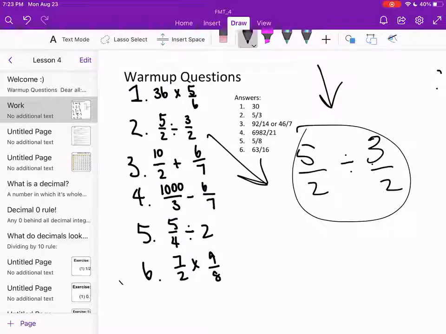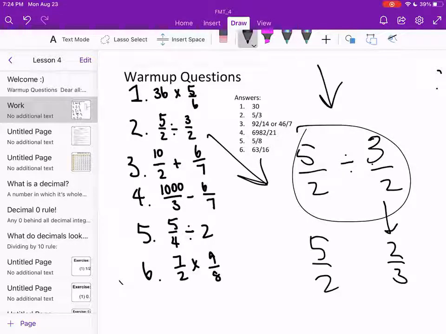Wait a minute. 5 over. Oh, right. So 5. Basically, 3 out of 2 can be changed to its reciprocal, I think. That's right. That would be 2 out of 3. Okay, so then what do I do here?